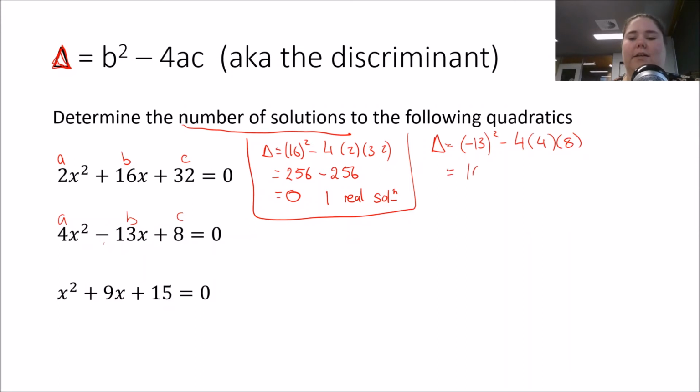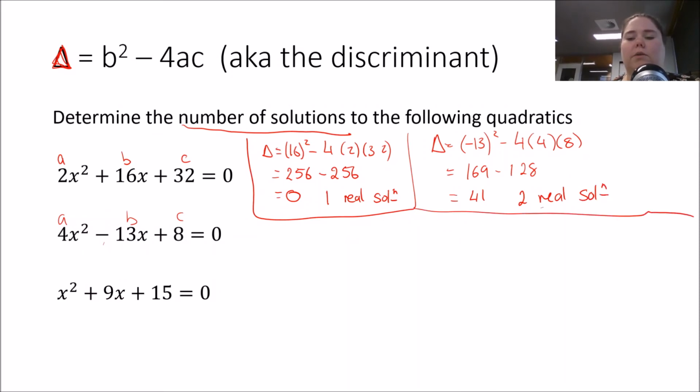So that gets us 169 minus 16 times 8. Such big numbers. 128. Which gets us 41. So because that is a positive value, we know there will be 2 real solutions.